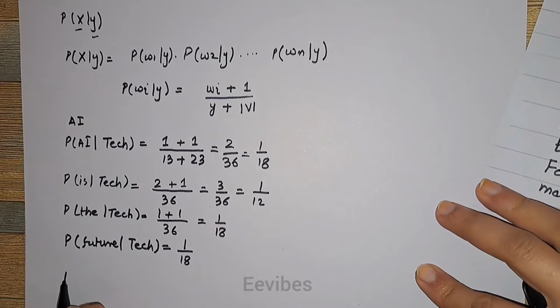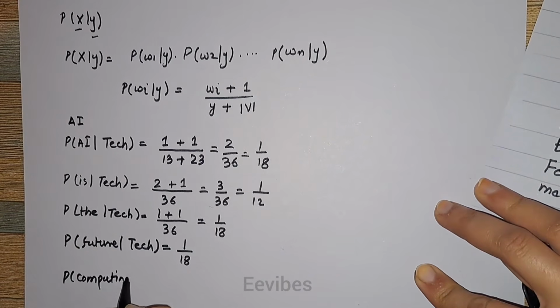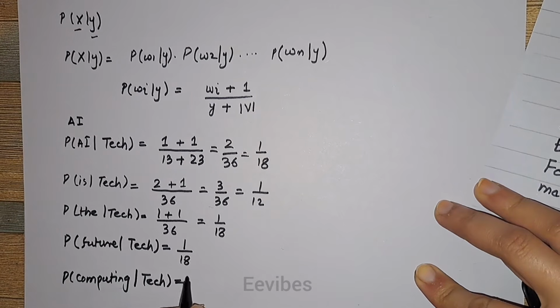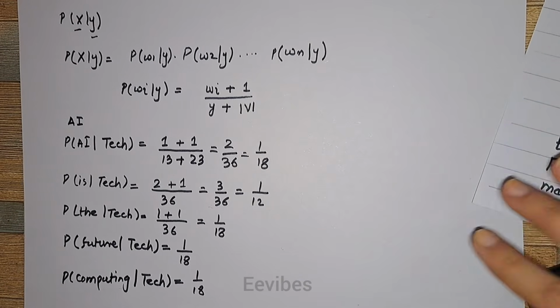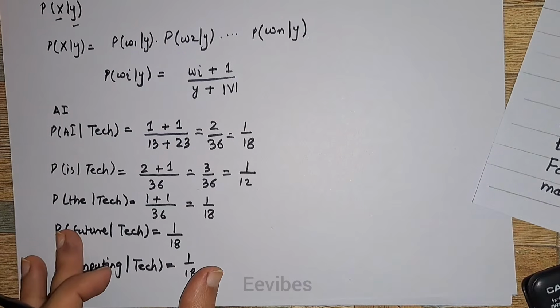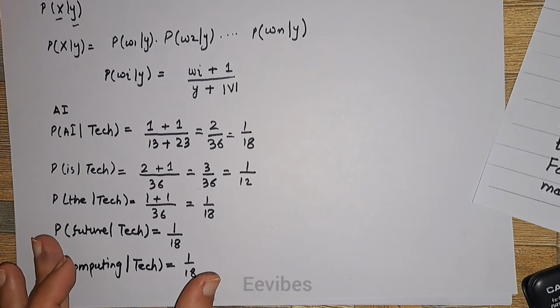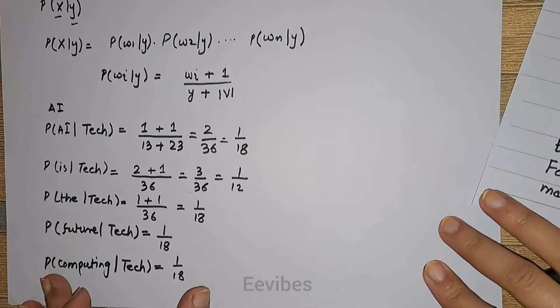So the probability of "computing" given that it belongs to the class tech is equal to 1 over 18 again. Why? Because "computing" is occurring only once. So in this way we have evaluated the probability of each word that is appearing in the sentence for which we want to determine the class.